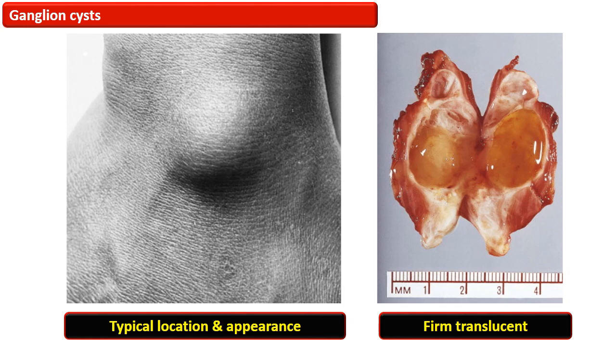The left picture is showing the typical location of the ganglion cyst, and this is usually located on the dorsum of the hand, while this right picture is showing the cut surface of the ganglion cyst, which is showing that this firm translucent cyst is filled with clear mucinous fluid.